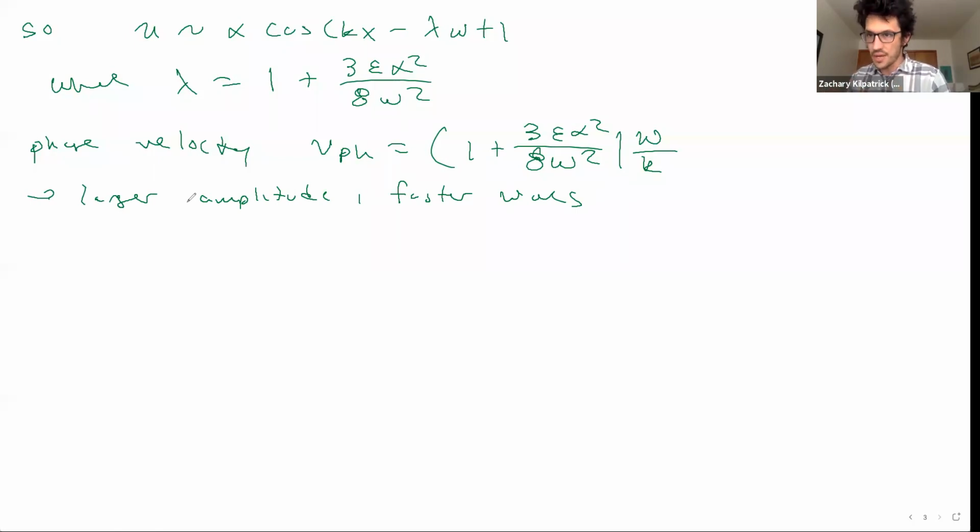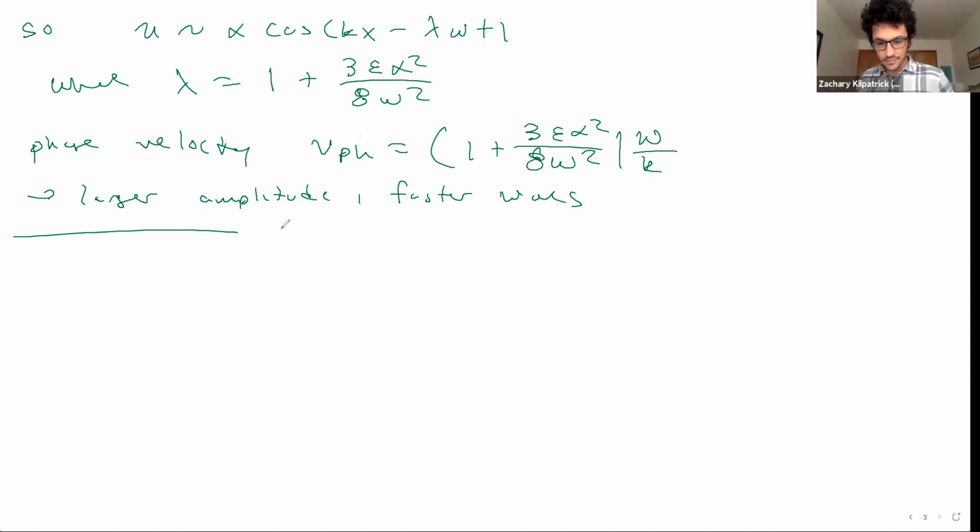This is a property that you get from nonlinear equations that you don't necessarily get from linear wave equations. So that was the last lecture in about 10 minutes, in a nutshell.